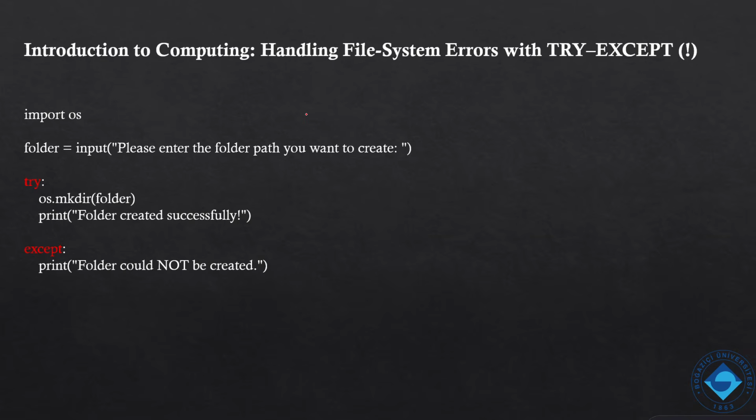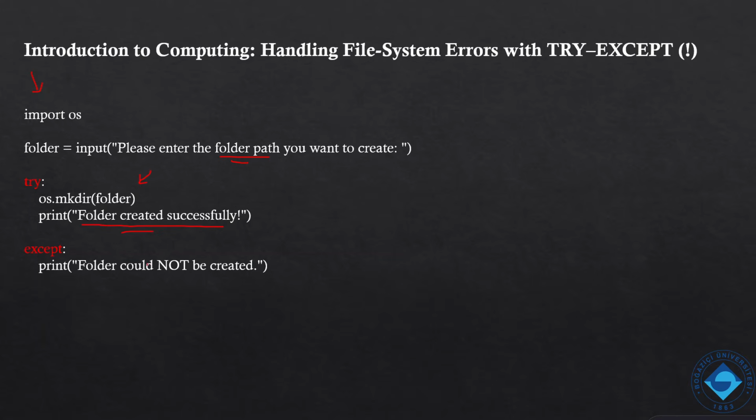And here we will see how we handle file system errors with try except. In the example, we are asking the user to give the folder path address, and once the user gives this path address, we create the folder, and after creating our folder, we print "Folder created successfully," right?